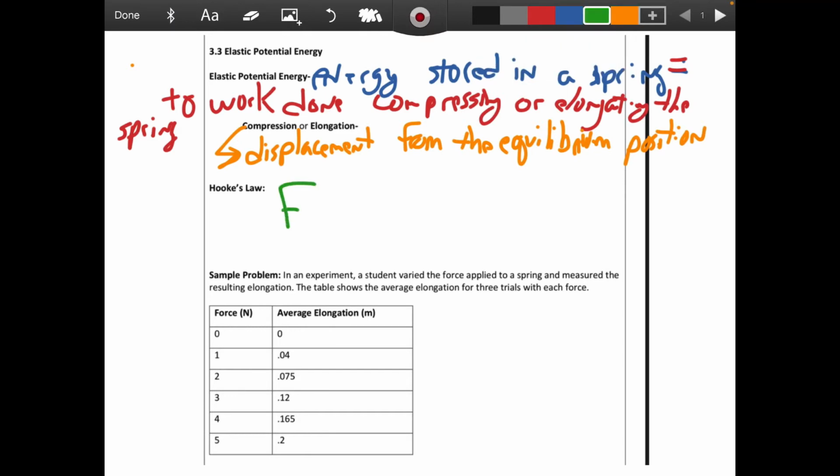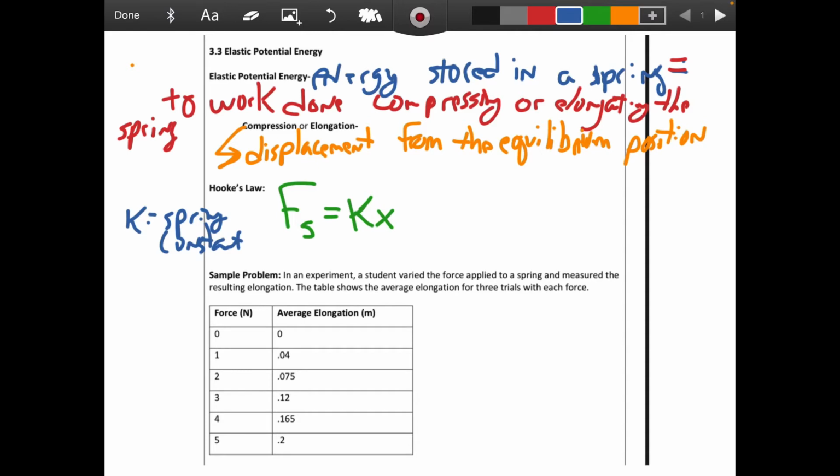So Hooke's law is going to be defined as the force exerted on a spring equals kx, where k is the spring constant. So each spring has a specific spring constant. That really just tells us the stiffness of the spring.